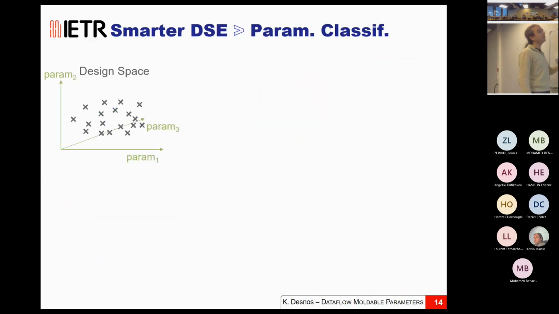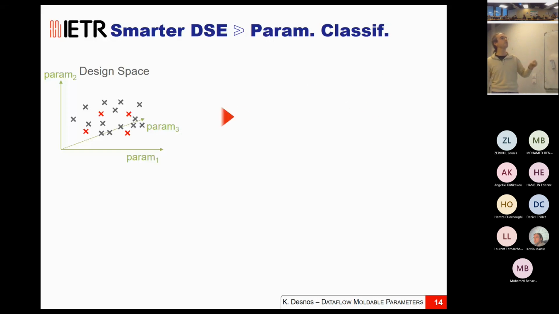The basic idea to try to be smarter, and this is still a work in progress, I have to warn you in advance, is that instead of exploring the whole design space, we will start from this design space where we have all the moldable parameters and all their values. Could we start from a few points selected in a smart way from the moldable parameters design space?